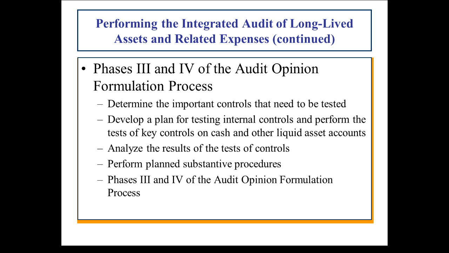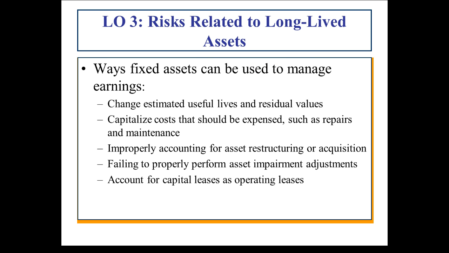So again, this integrated audit always keeps up with updating risk, understanding the internal controls in place, and ways assets can manipulate earnings. They change the estimated useful life and also the residual values.